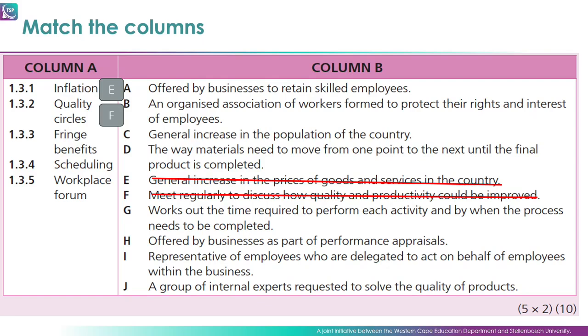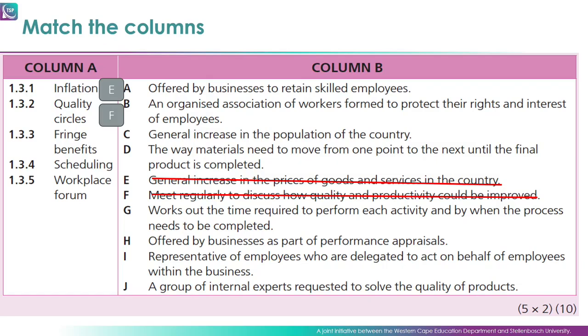Note here that we are only putting the letter. Please keep that in mind when you are completing this exercise, that you need to put the letter and not the full sentence. Often it's something that comes across our desk when marking. It is far more appropriate to give the letter of the best possible answer. Fringe benefits, we are looking at A, and that is offered by businesses to retain skilled employees. 1.3.4, scheduling.